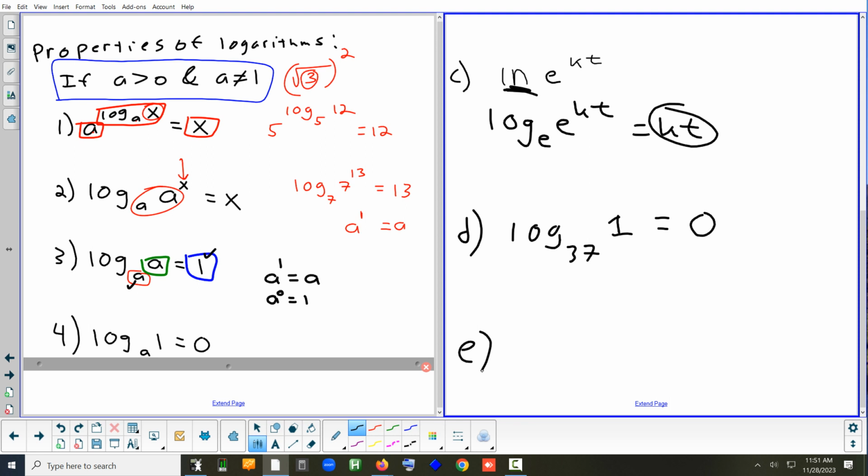Let's do log base 42 of 42. This is saying 42 to what power gives you 42? First power. So that's an example of each of those properties. Any questions on that?